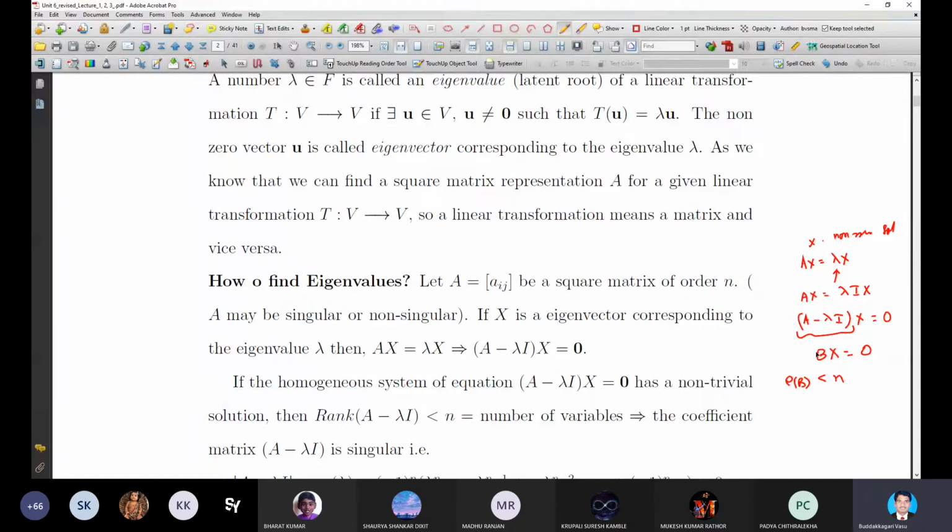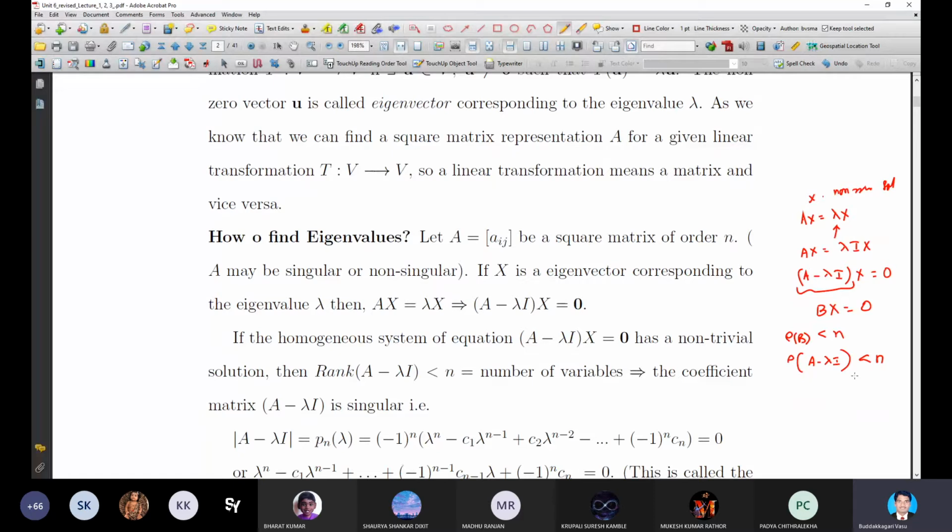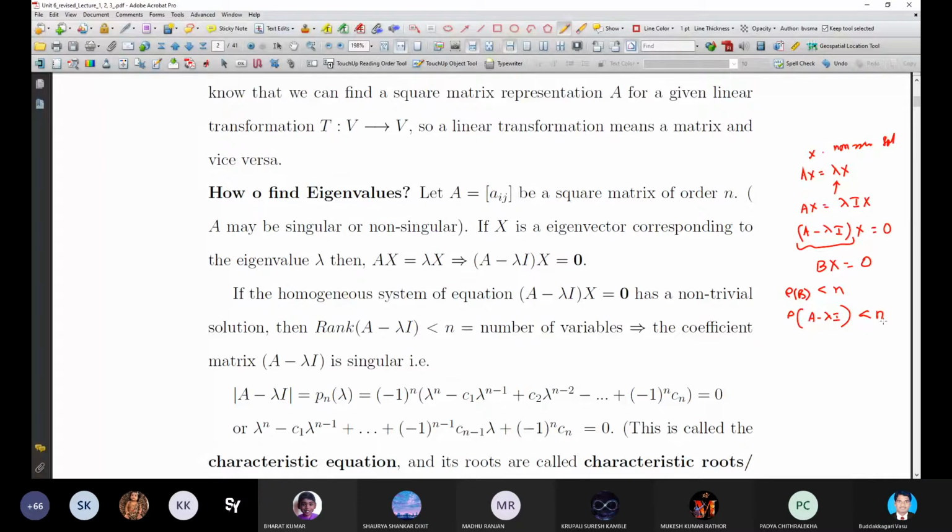So what is the possibility where the rank is less than n? The determinant of the matrix is equal to 0. Why?